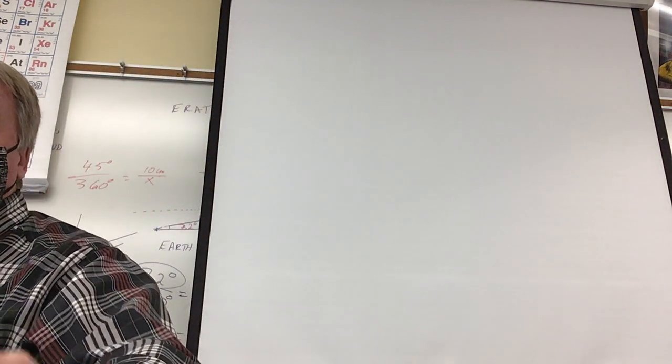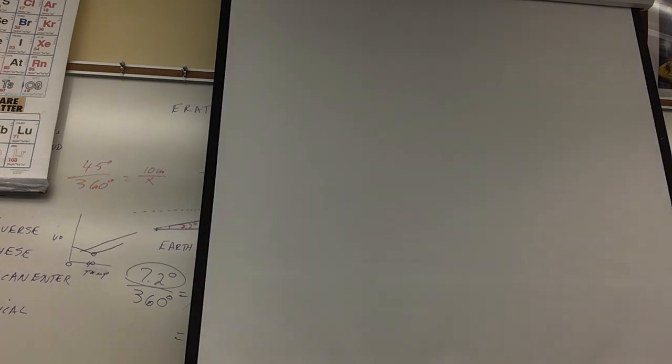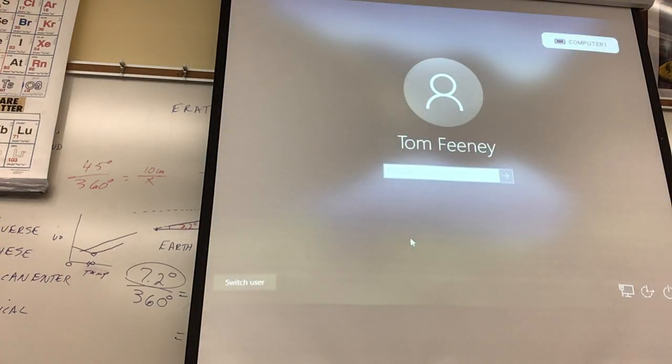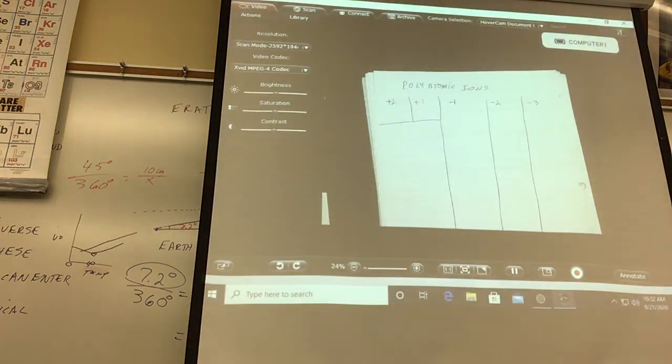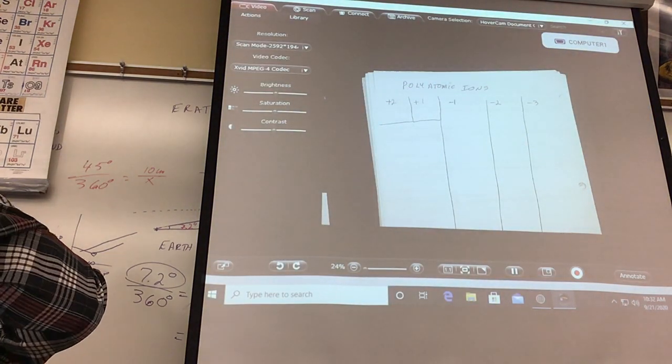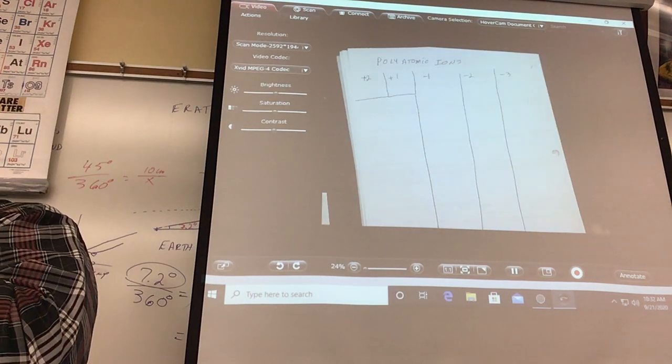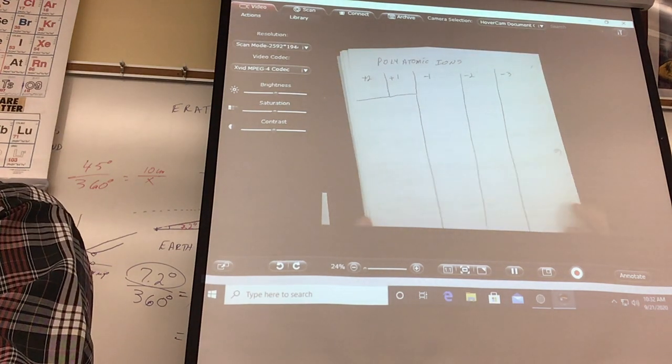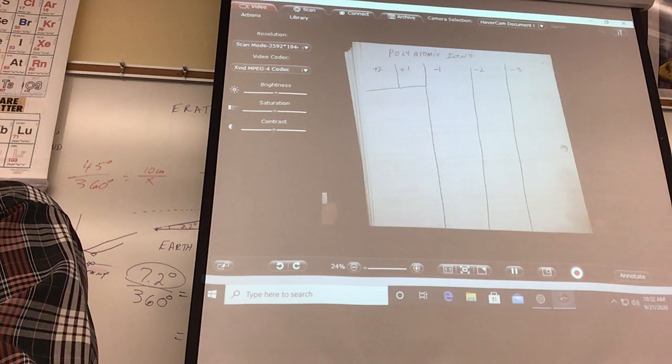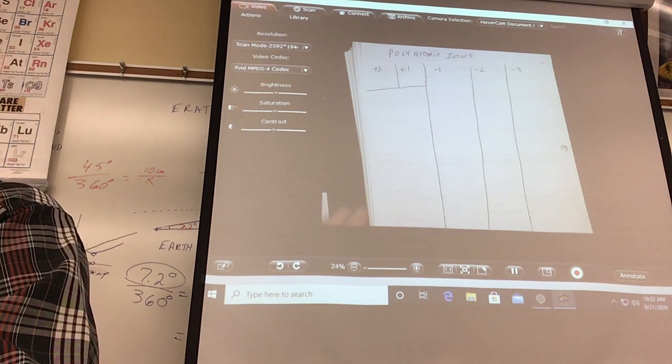So how I'm going to start out today: imagine after a 3-day weekend you didn't study, and someone asked you to take a piece of paper out and write as many polyatomic ions as you could. My own opinion is, if that was a pop quiz grade, I don't think that's fair after a 3-day weekend.